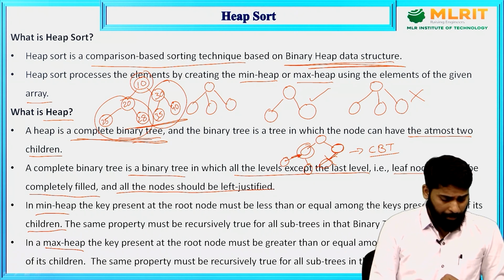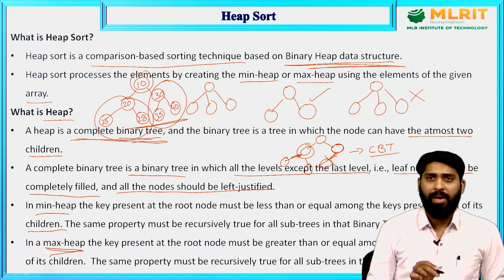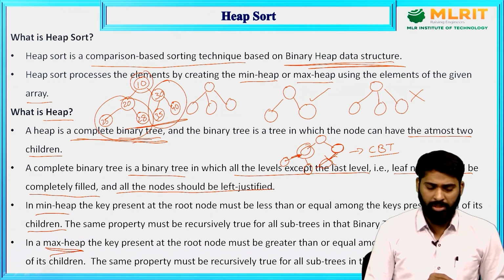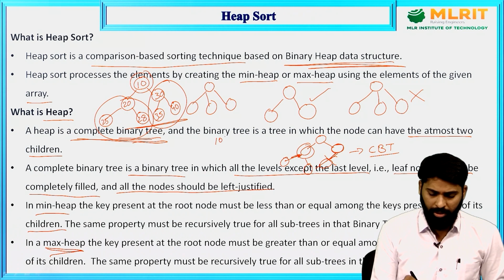Now the max heap. A max heap is the reverse of a min heap. Always the root is greater than or equal to the children. For example, the root is 100, with children 50, 80. For 50, the children are 20, 30, and for 80, the children are 60, 70.